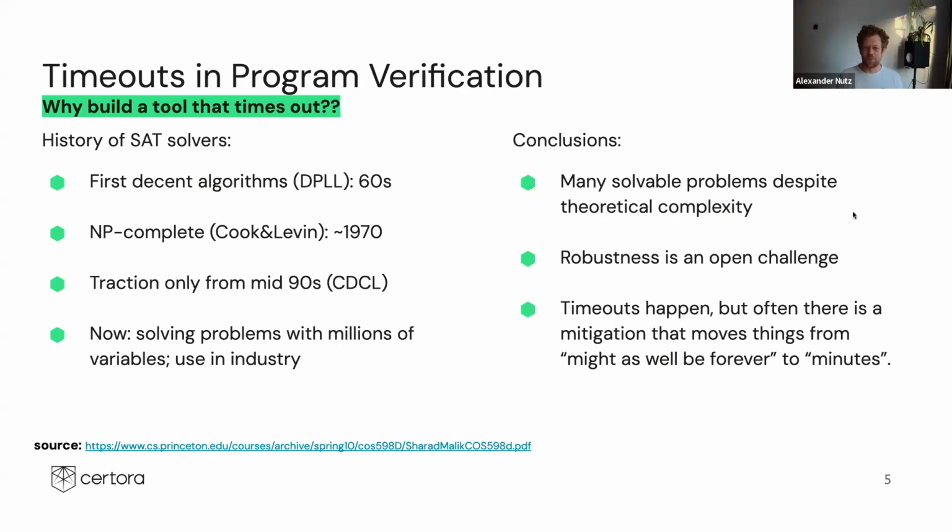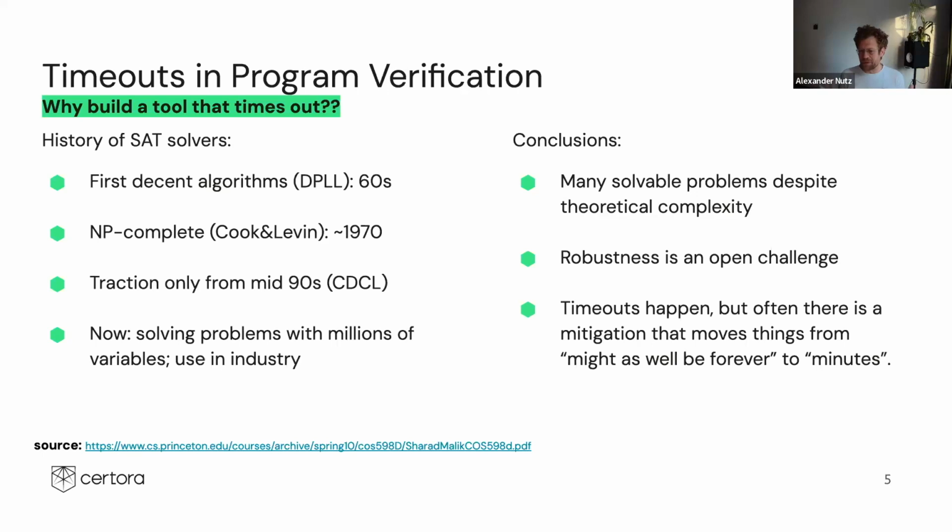But there is this open challenge of robustness. That's also unsolved for SAT solvers, and they're still used in practice. Robustness means that even small changes in the input can change the runtime a lot. That's just how it is.